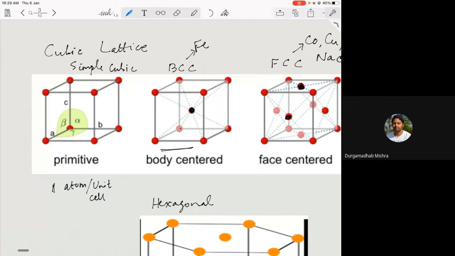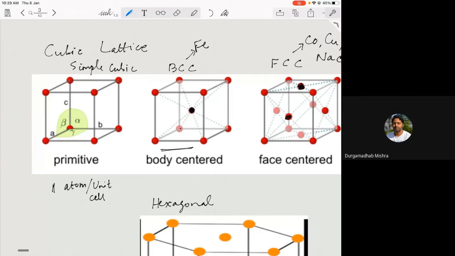Do you know how it is one atom per unit cell? Basically, each atom sitting in the corner will be shared by 8 cubes. That means it contributes 1/8 of its volume to one particular cube.